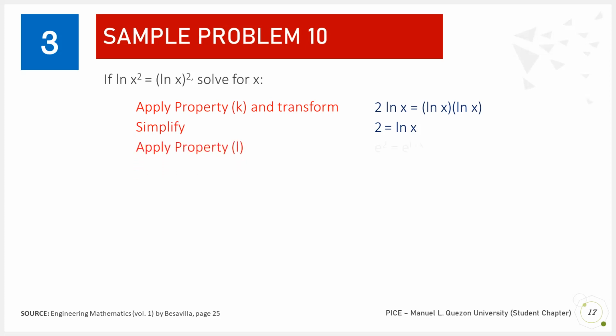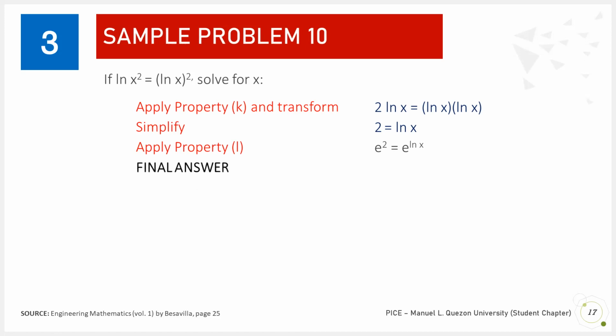Sa property L is, eto, familiar kayo sa kanya, since, again, kapag meron tayong Euler's number as our base, and yung exponent ng Euler's number natin is natural logarithm. So we can transform it by simply getting the argument inside the natural logarithm. Ibig sabihin, i-eliminate natin yung natural logarithm sa equation.